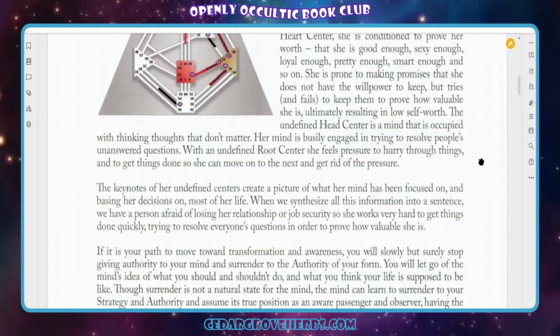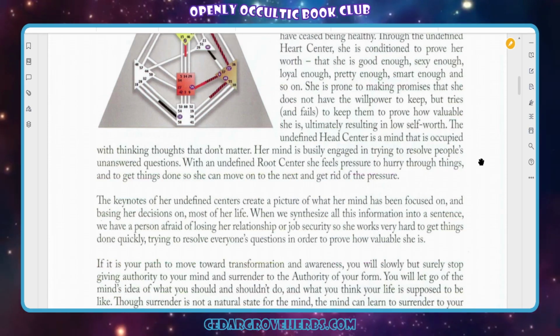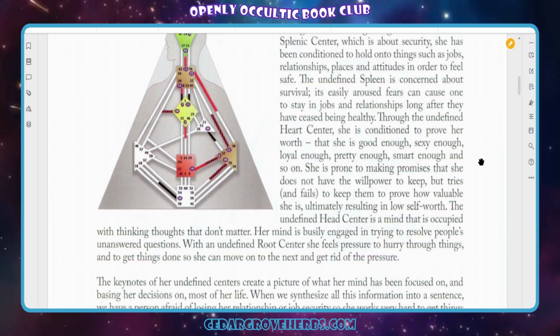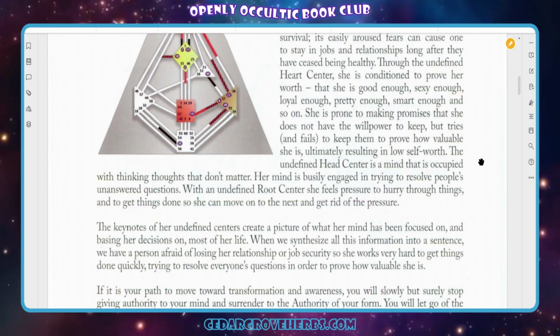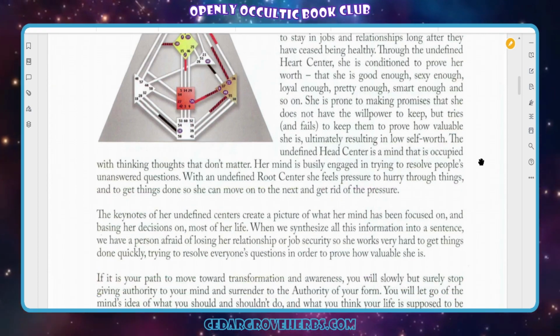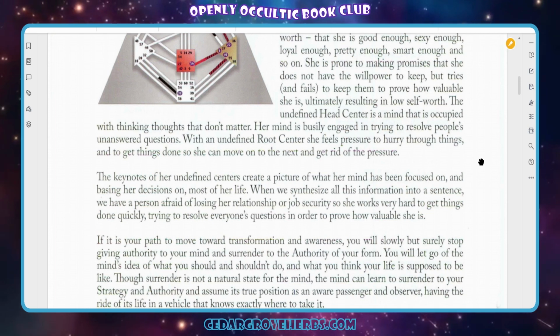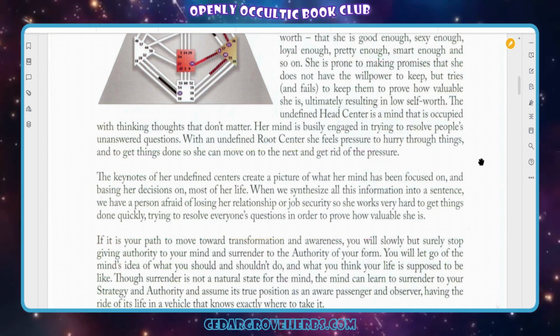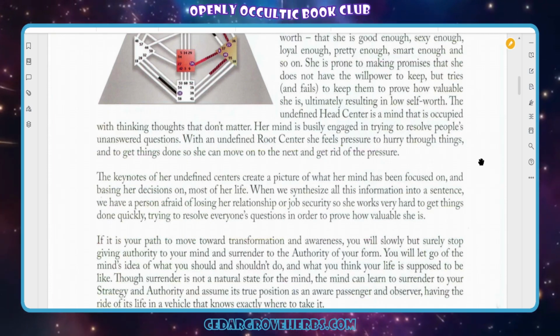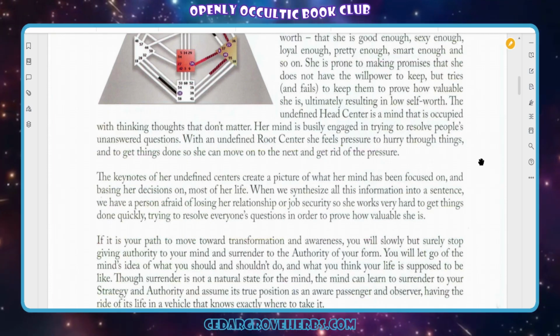So you're saying the keynotes are basically, hey, we can sum up just looking at this. I can tell you exactly what's going on while using keynotes, I guess is what's being said here. Right? The keynotes of her undefined centers create a picture of what her mind has been focused on and basing her decisions on most of her life. Interesting.